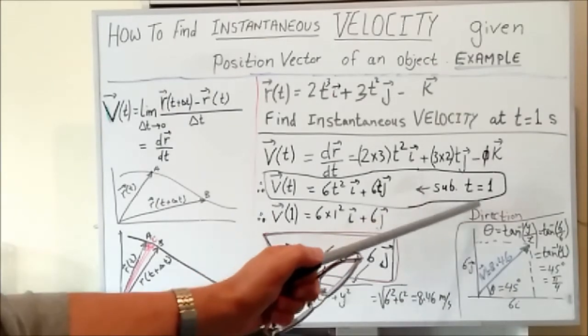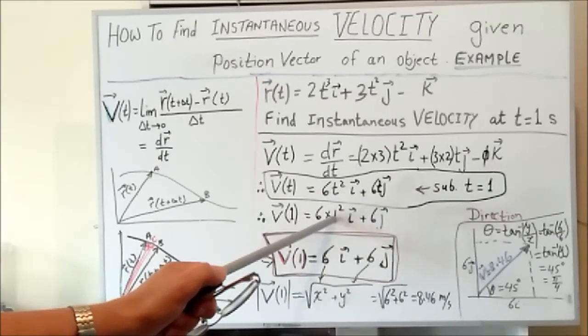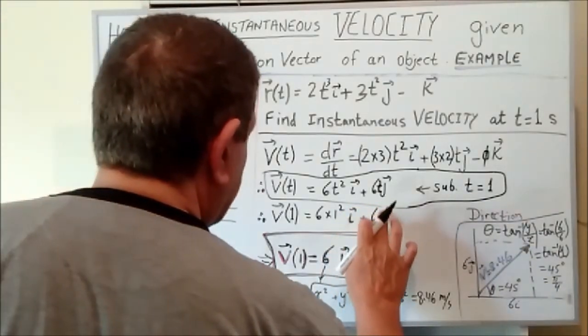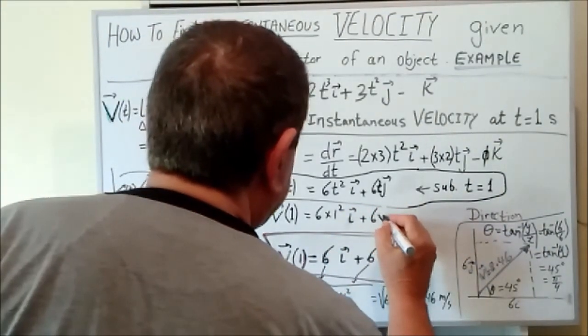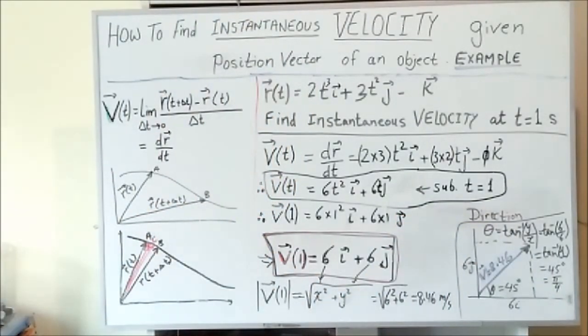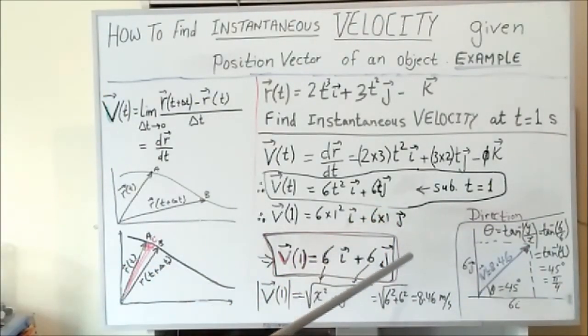We sub the value of t equals 1: 6 times 1 square plus 6 times 1. So by simplifying, that gives you v equals 6i plus 6j. So this is the instantaneous velocity vector.